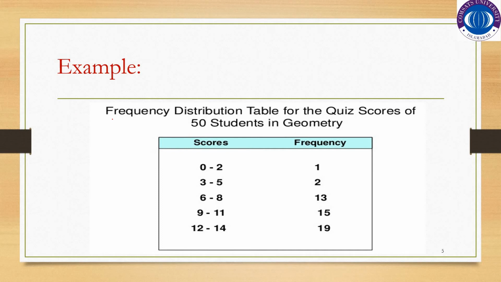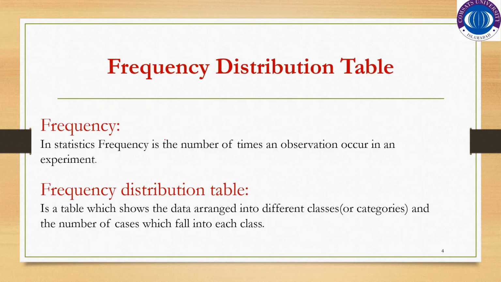Here we have quiz scores of 50 students in some subject. Scores are classified here. And what is this? This is the frequency. And what is frequency? Frequency is the number of times an observation occurs in an experiment.